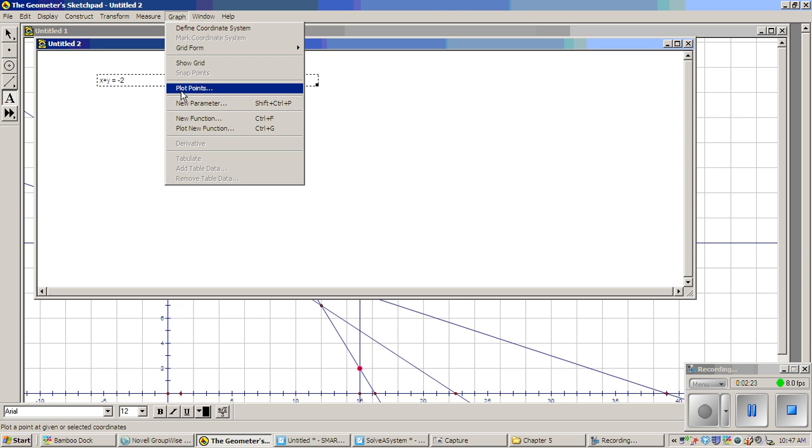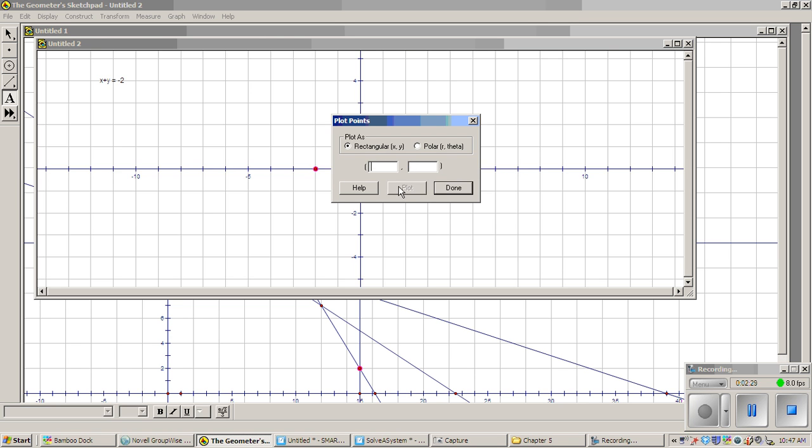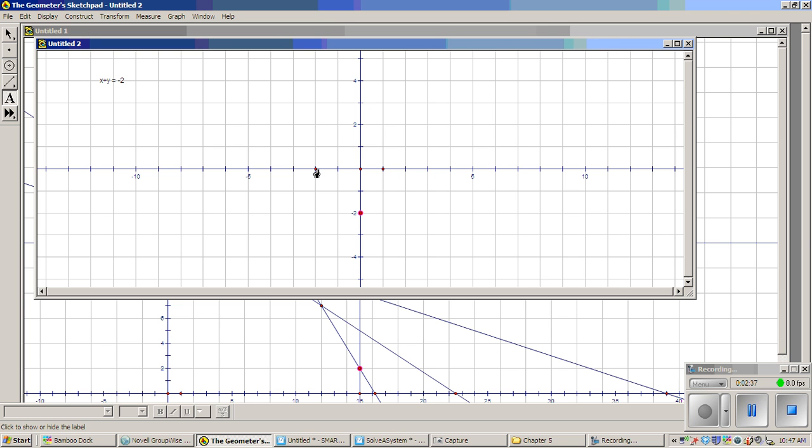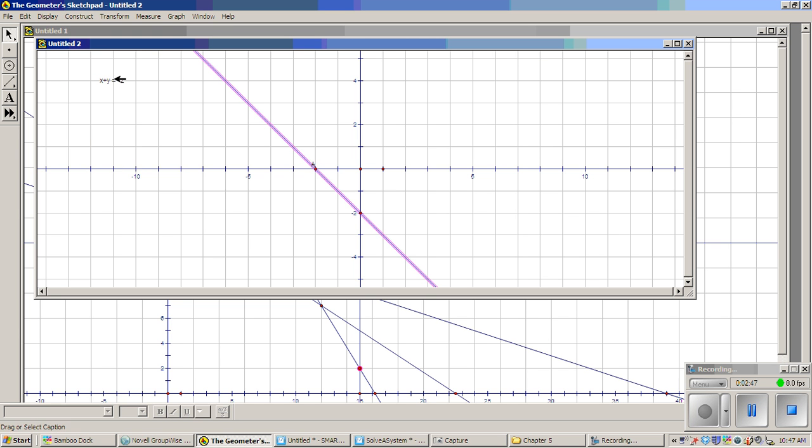So I would just plot those points. -2, 0, 0, -2. And this is the beauty of having some software that you can use to graph these. You don't have to spend all of your time doing that. So I would just take those 2 points and construct a line between them, and that is my line, x plus y equals -2.